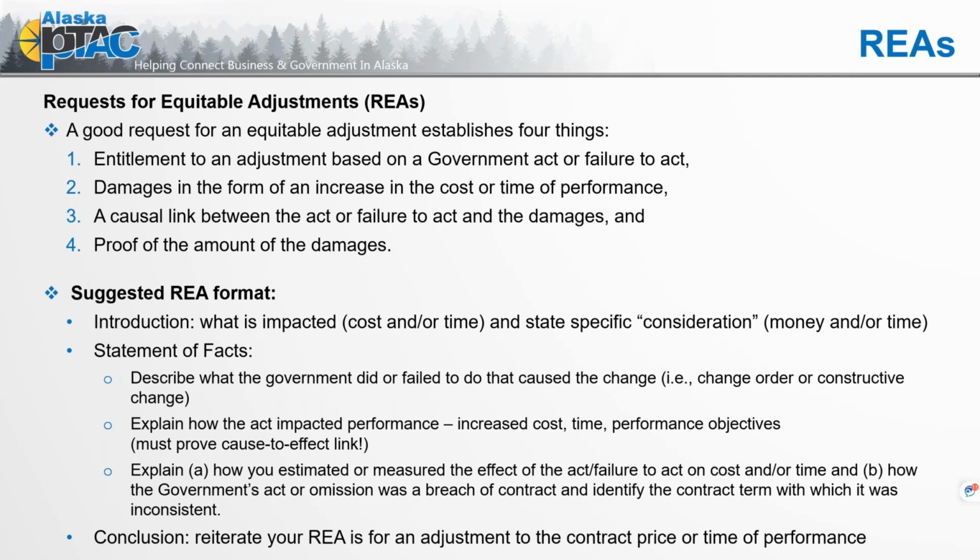So let's talk about requests for equitable adjustments. A good REA, a request for equitable adjustment, establishes four things: entitlement to the adjustment based on a government act or failure to act; damages in the form of an increase in the cost or time of performance; a causal link between the act or failure to act and the damages; and proof of the amount of damages.